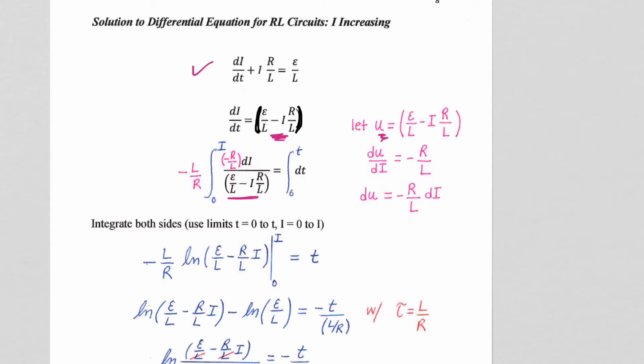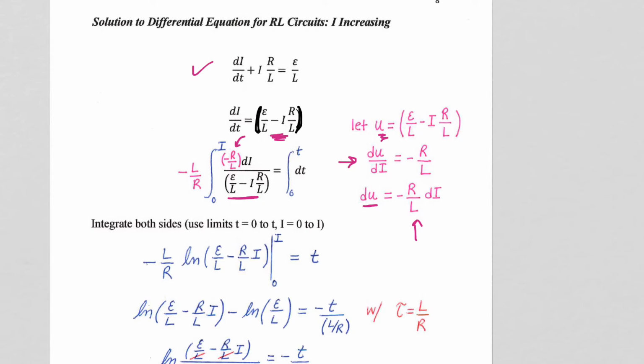Hopefully you remember this from calculus. du/di will equal negative R on L, so du equals negative R on L di. We're missing the negative R on L, so we put it into our integral and factor out L on R to make it negative L on R, because you can always multiply by 1.